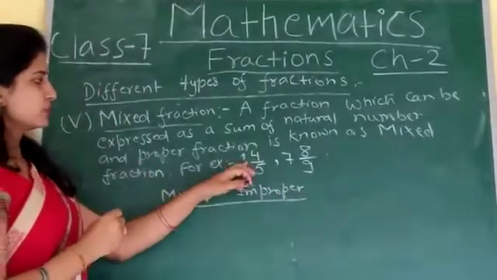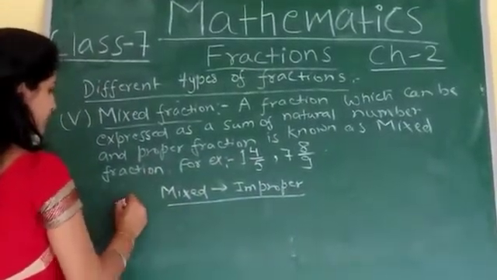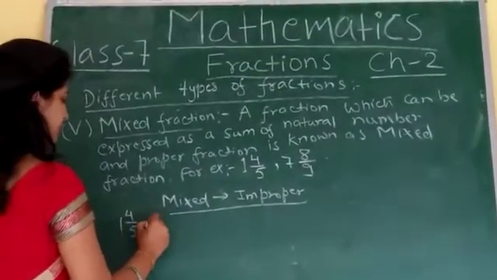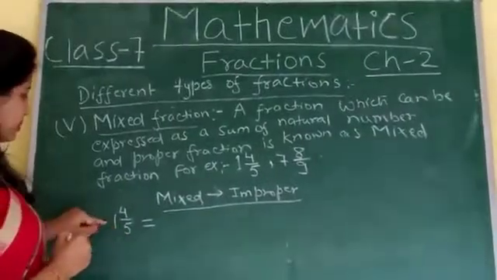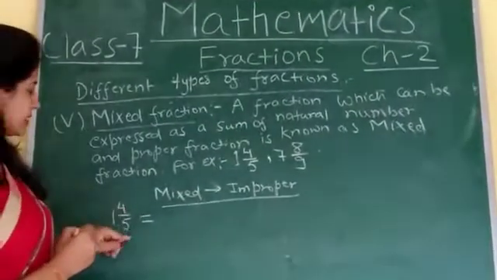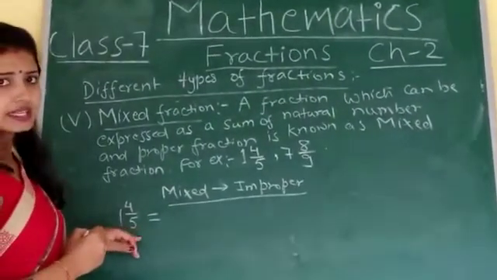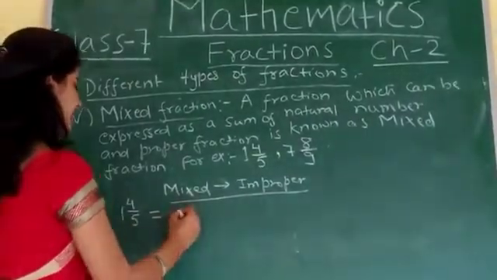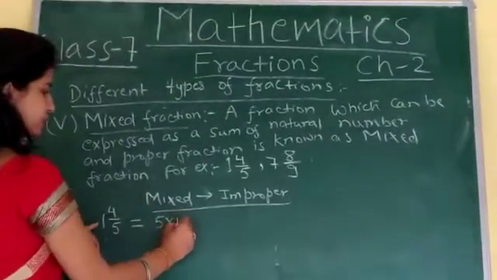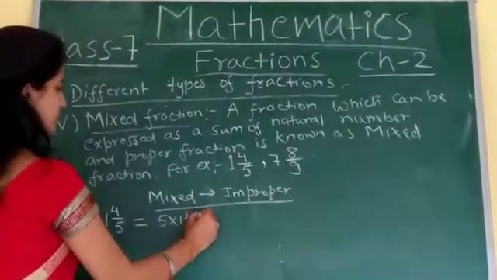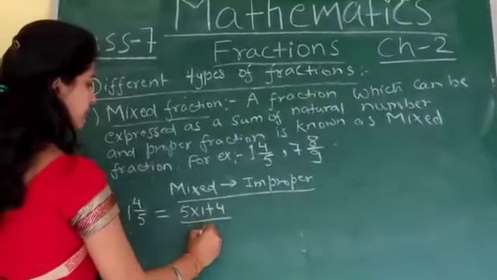So, what we do here is, let's suppose 1 whole 4 by 5. We multiply 5 by 1 plus 4, divided by the denominator, that is 5. So, you can see here (5 × 1 + 4) by 5.